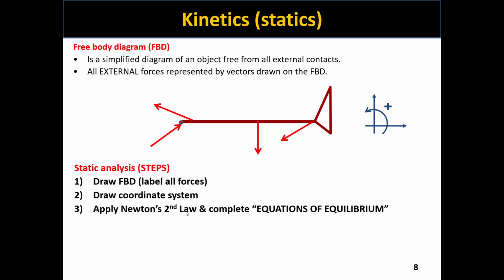We then apply Newton's second law and complete what are called equations of equilibrium, and the base equation of that in the previous video was that the sum of the forces acting on the system equals 0. We say 0 because the system is not accelerating. Likewise, the equations of equilibrium will include the sum of the moments of force, which will equal 0 as well. And then we would solve for all the unknown forces and directions.